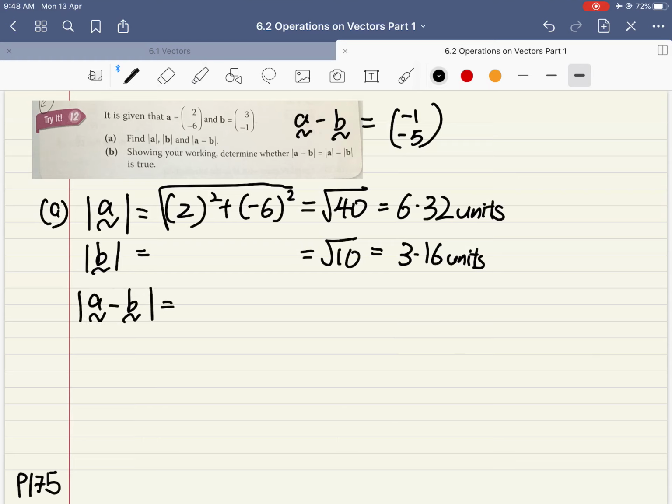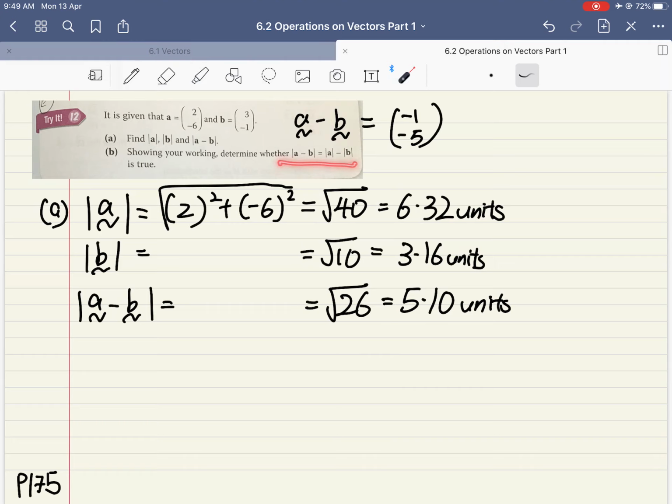So the magnitude of vector A minus vector B is equal to negative 1 square plus negative 5 square. We square root, we get square root of 26, which is 5.10 units. So now they said determine whether magnitude of vector A minus B equals magnitude of A minus magnitude of B down here.